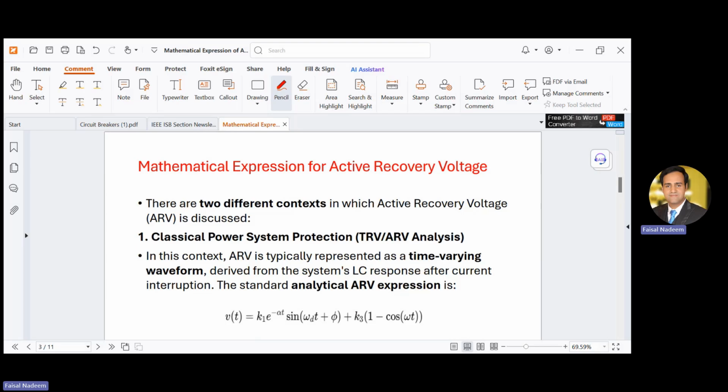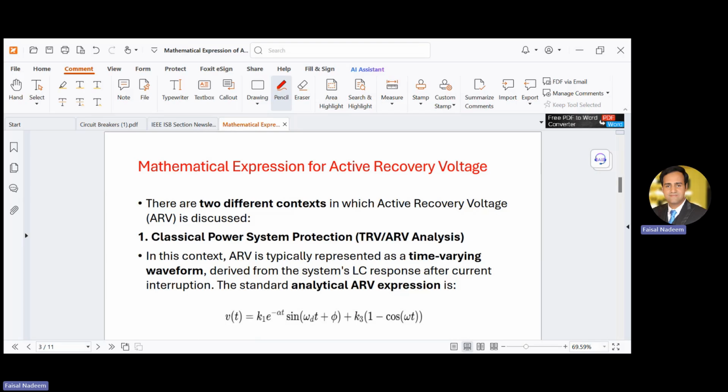So the equation is dependent on time. This equation is derived from the system's LC response after current interruption, and the standard analytical active recovery expression is written in this form, which is dependent on time and changes with time.